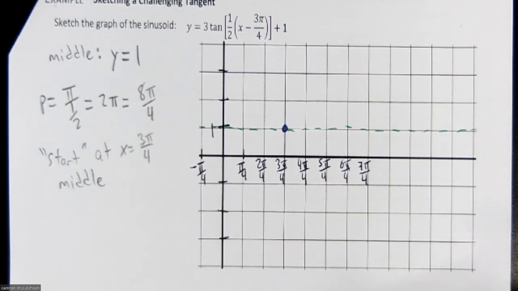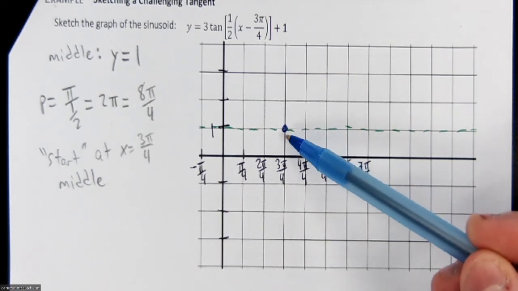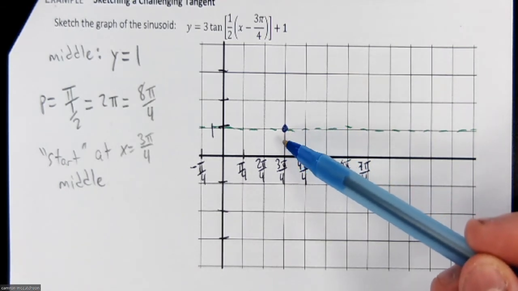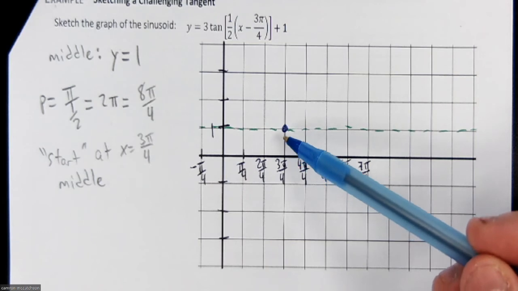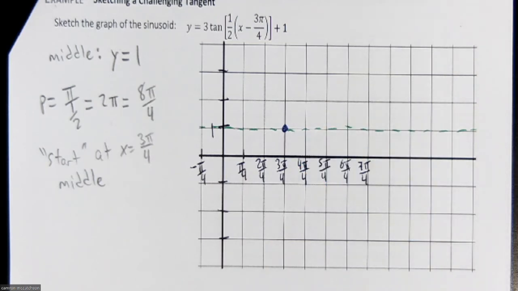What this means is that this middle point is halfway through its period length. So we should have asymptotes half a period to the right, which is pi to the right, and half a period to the left, which is pi to the left.